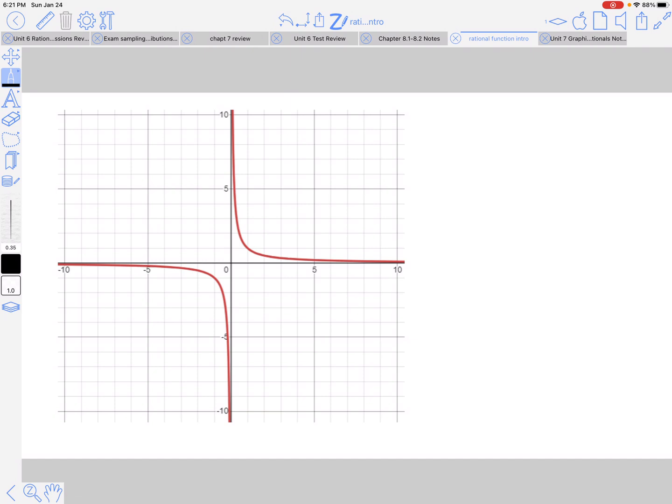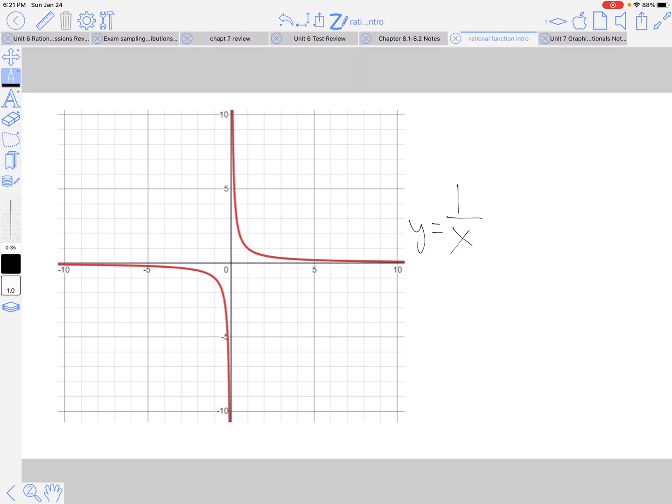So this is just a normal rational function, y equals 1 over x. And you can see the x value, there's no way x can ever become 0, right? So the graph will never touch 0. And the y-axis also, right?